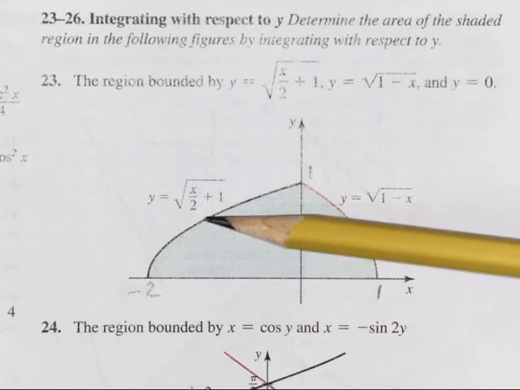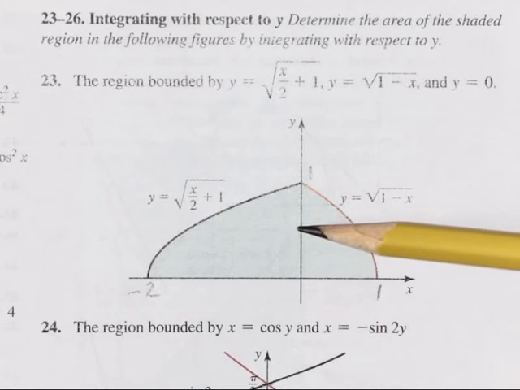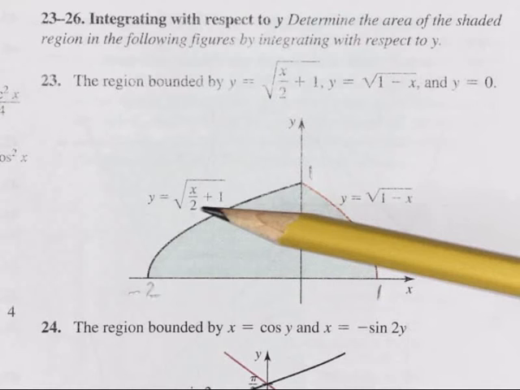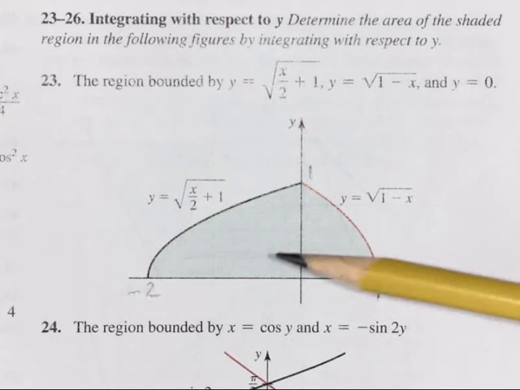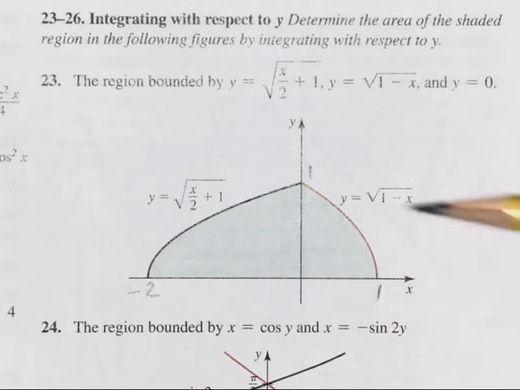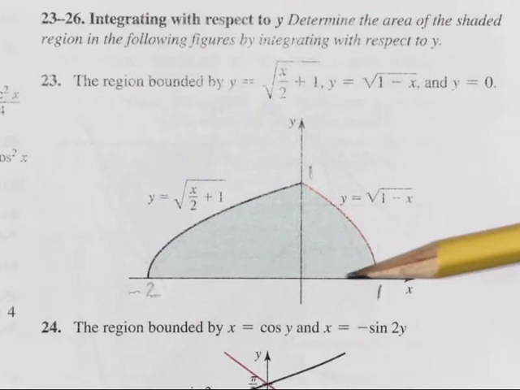On this side of the y-axis, the top function would be root of x over 2 plus 1, and the bottom function would be y equals 0. And over here on this side, the top function would be root of 1 minus x, and the bottom function would be y equals 0. So I could still do this with respect to x if I wanted to, and should get equivalent answers. One way might be easier than the other.